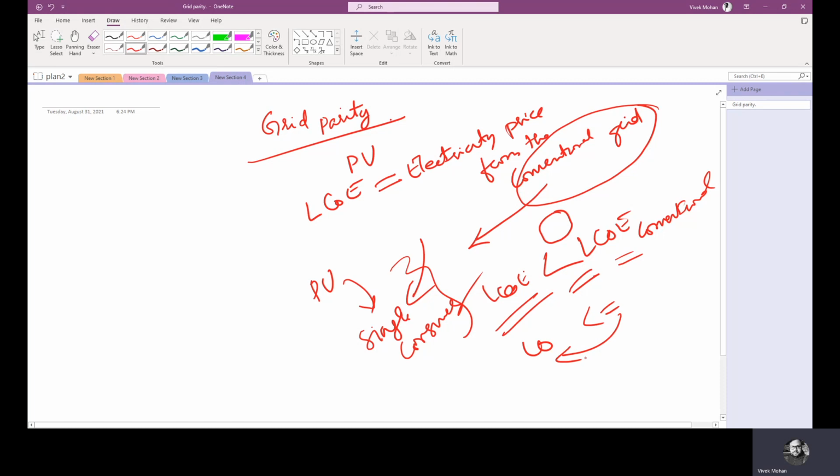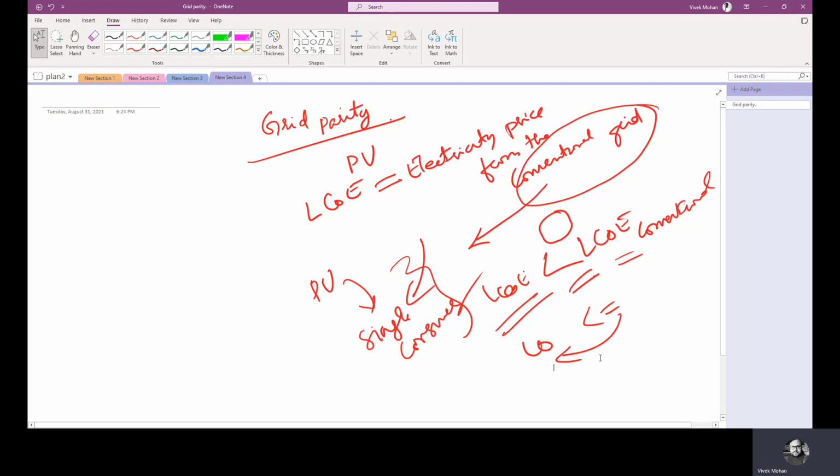There are larger investments from investors, and there is no option for a single consumer to produce using a hydroelectric technology or a wind electric technology. Of course, micro wind turbines are there, but they are not used. There is no wide usage of micro wind turbines by the single consumers, residential consumers.